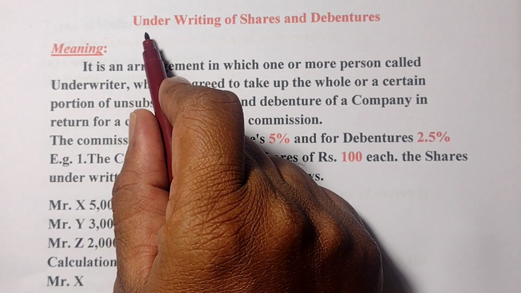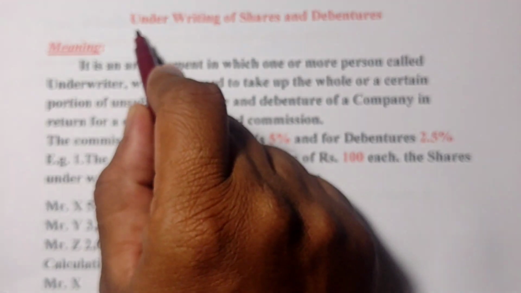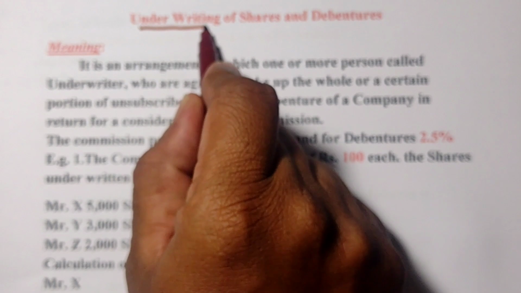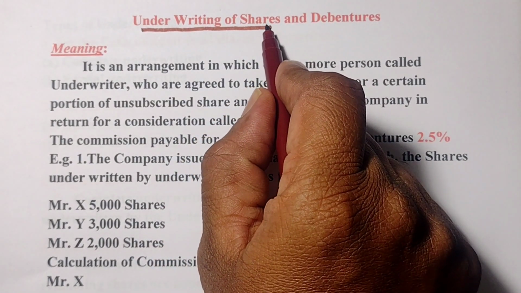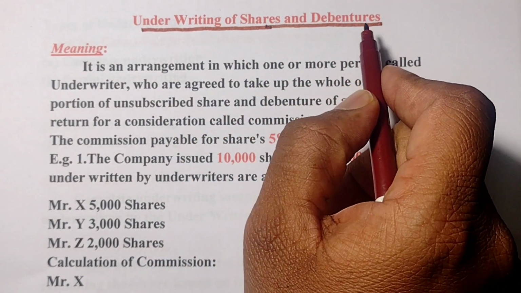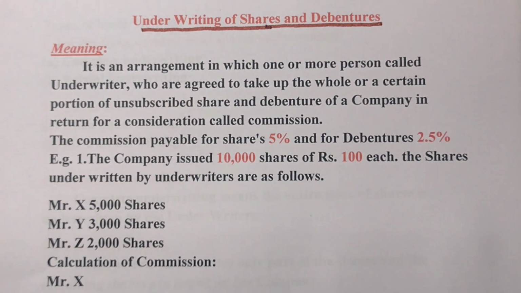Today the topic which we are going to discuss here is underwriting of shares and debentures. When a joint stock company wants to sell its shares to the public for public subscription, instead of selling those shares directly to the public, it will give them to a certain number of persons for the purpose of selling the shares.